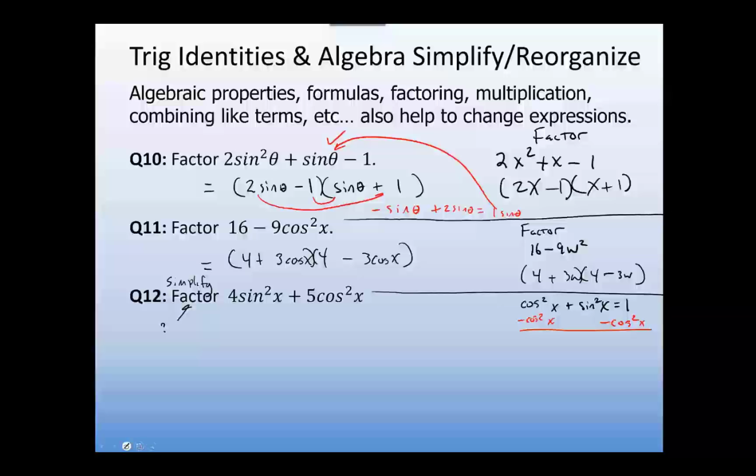And that would give me, oh, I did it like this before. This time I'm going to minus sine squared x on both sides. And this time I have cosine by itself. When I did it before, I had sine by itself. 1 minus sine squared x. This is a variation of the Pythagorean identity. And I'm going to use this to plug in right here.